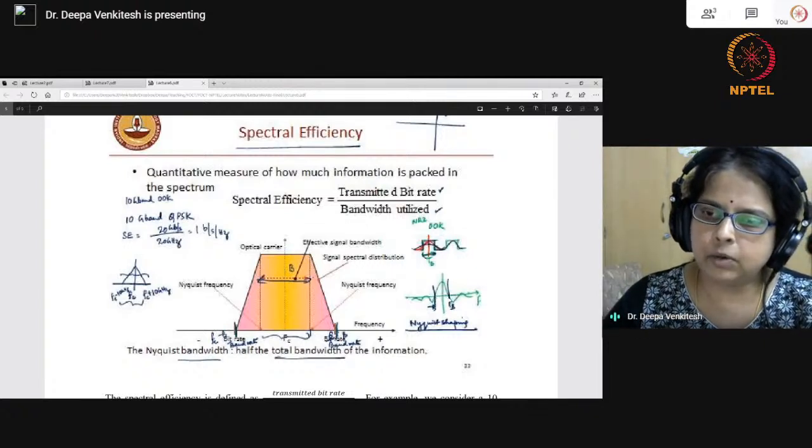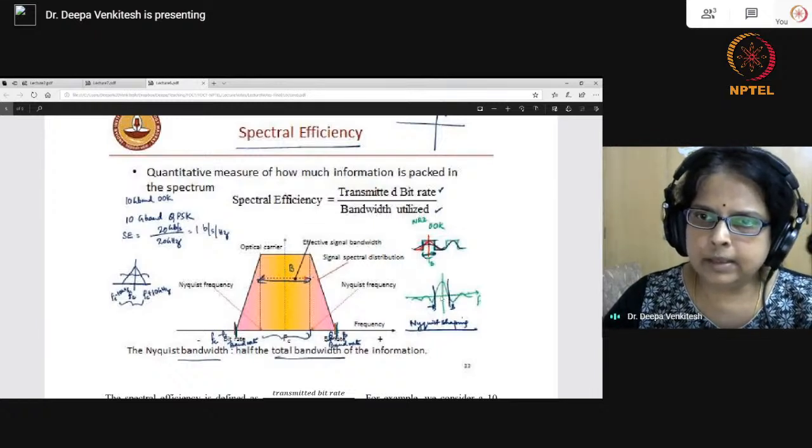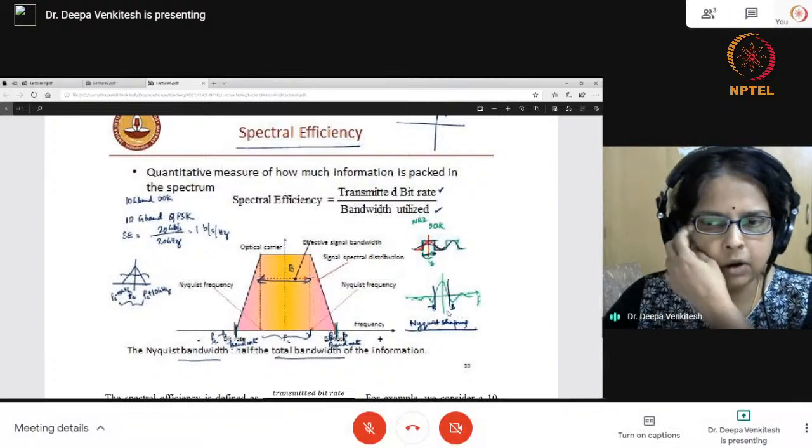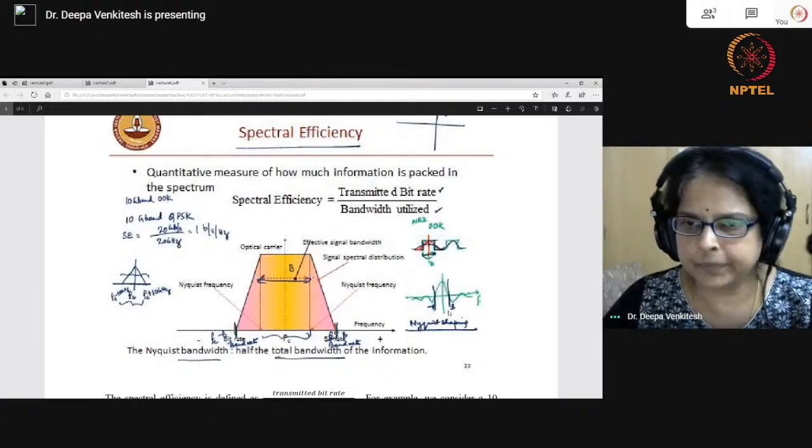If I try to send only up to the first null, it now means that, so this is the most common way of modulation. This non-return to zero on-off keying, right?